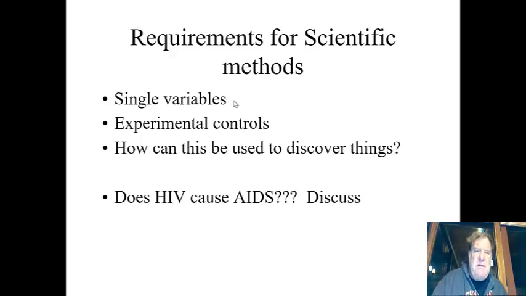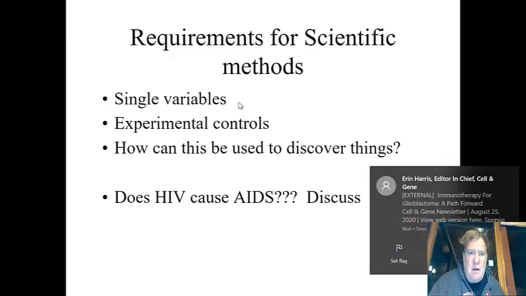In single variables, on things like looking at the environment and whether a particular procedure works, what we tend to look at is, are we just looking at the bacteria, or are we looking at a number of different things?